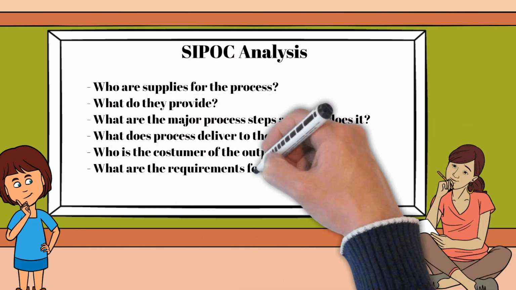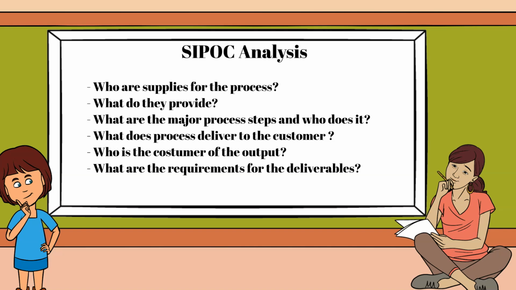Who are the suppliers for the process? What do they provide? What are the major process steps and who does them? What does the process deliver to the customer? Who is the customer of the output? And as a reminder, in this case, the customer doesn't mean the end consumer of the product or service. And the final question is, what are the requirements for the deliverables?